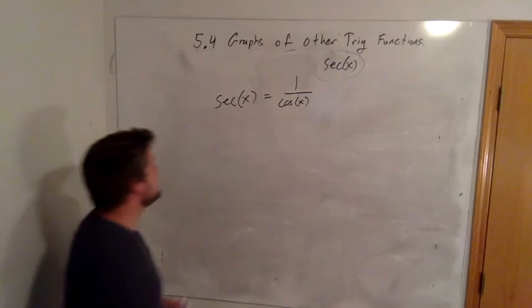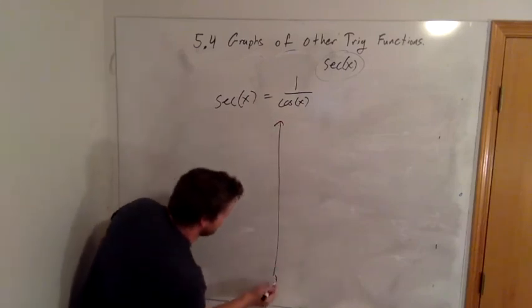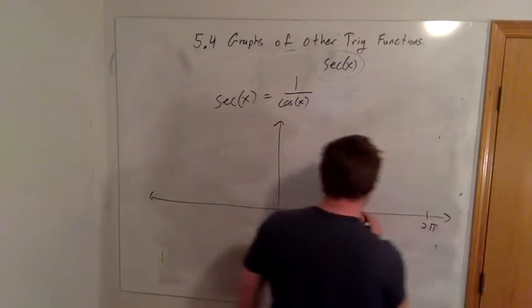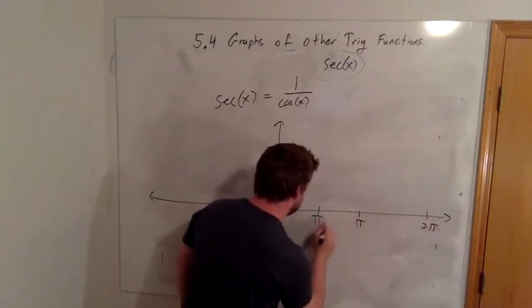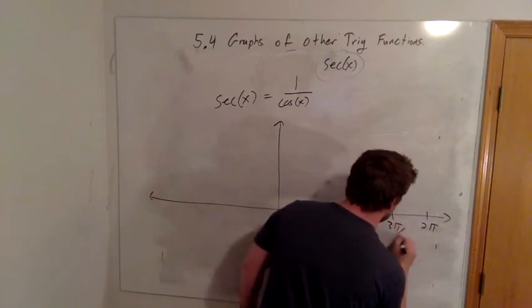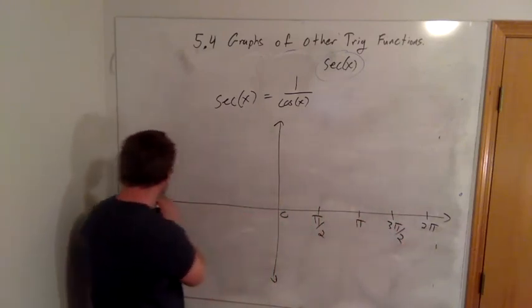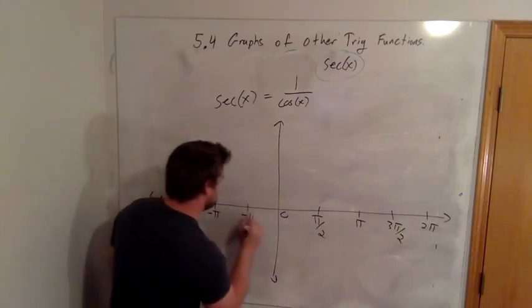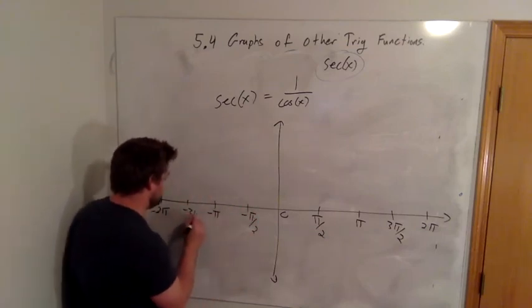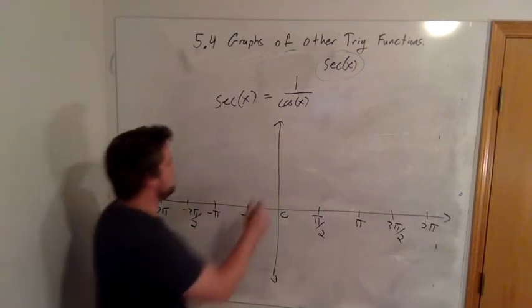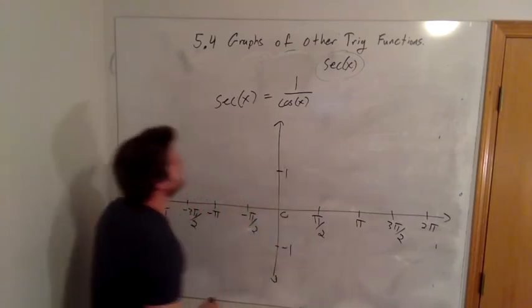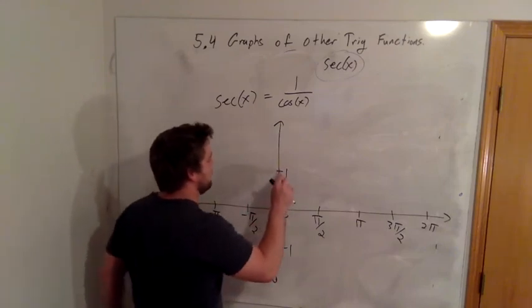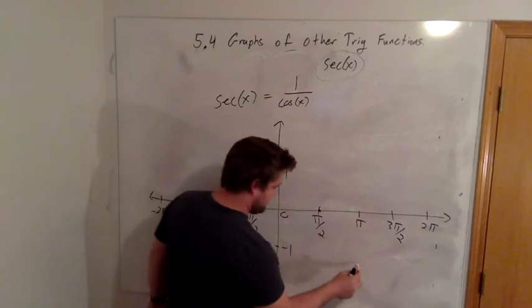Okay, let's do it. So let's graph cosine first. Cosine starts at the upper part of the amplitude. So cosine starts at 1, then it'll alternate.